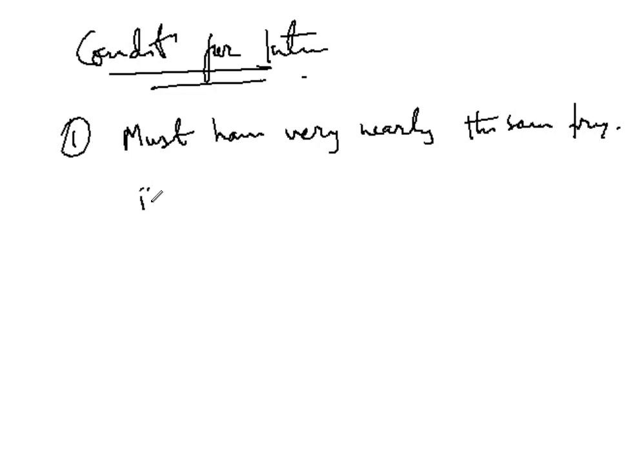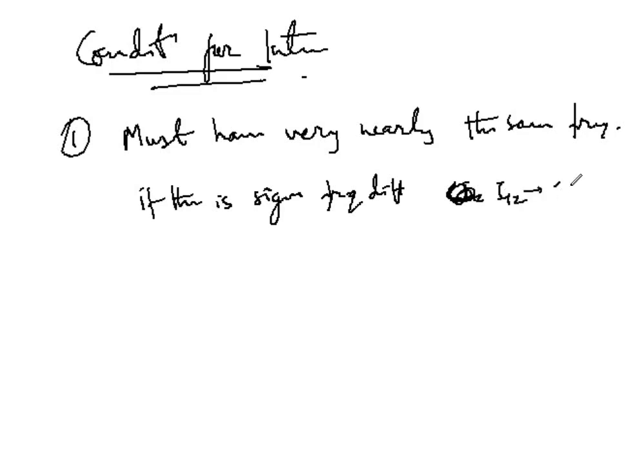So if there is a significant frequency difference, then the average of I12, which is an average quantity, will just average out to 0, right, during your detection interval.